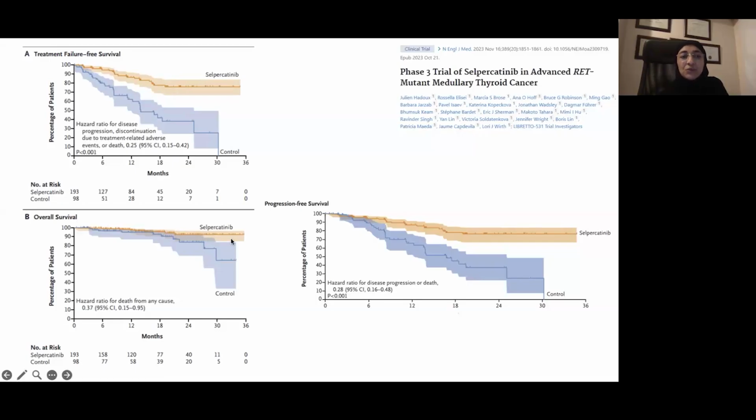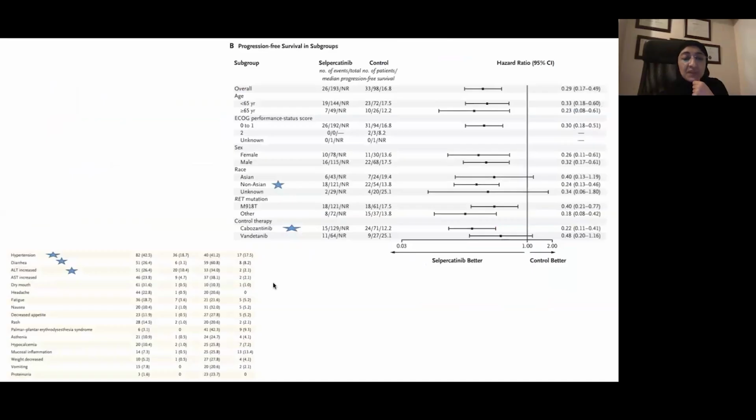The overall survival was nearly approaching 100, and it did so with progression-free survival initially. So this is a great medication to improve overall survival in advanced RET-positive medullary thyroid cancer patients.